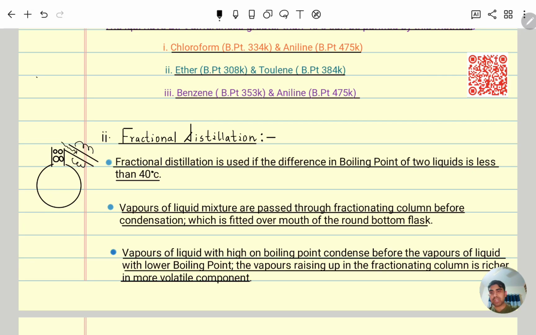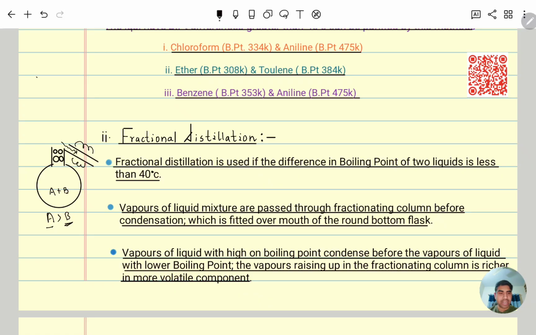Now try to understand: here liquid A is there and liquid B is there, and their boiling point difference between A and B is less than 40 degrees Celsius. When we are heating, let's suppose A is more volatile than B. So A's boiling point is less and B's boiling point is more because it is less volatile.